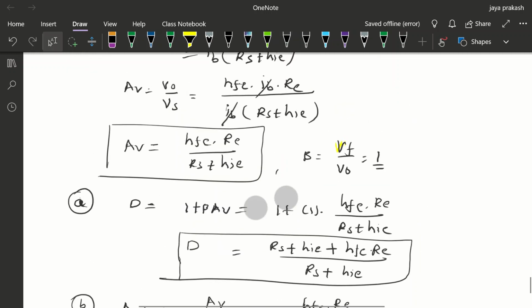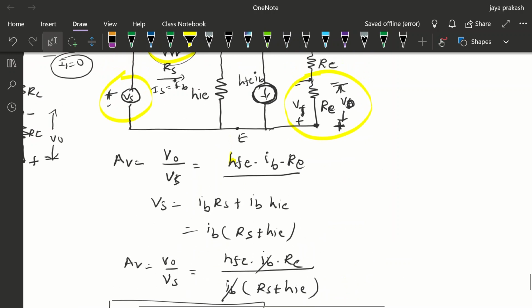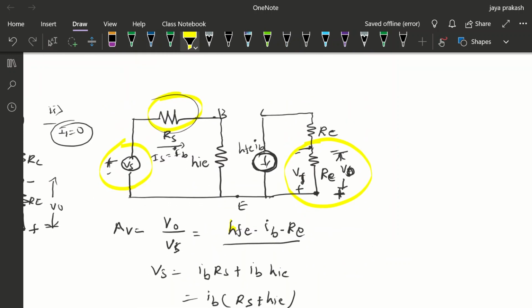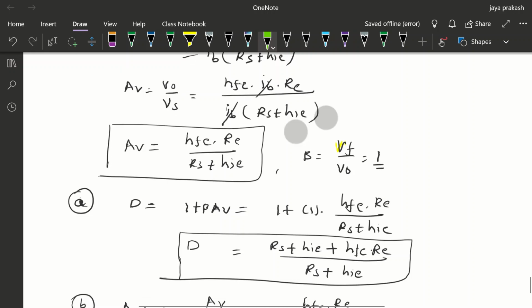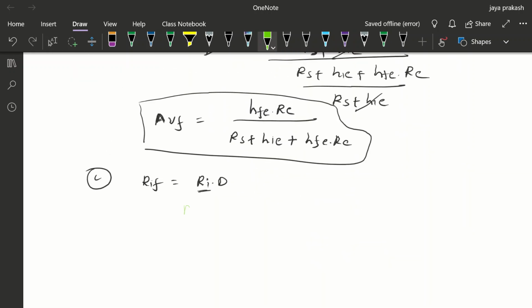You can see from this circuit diagram, RI is equal to RS plus HIE, and D we already know.